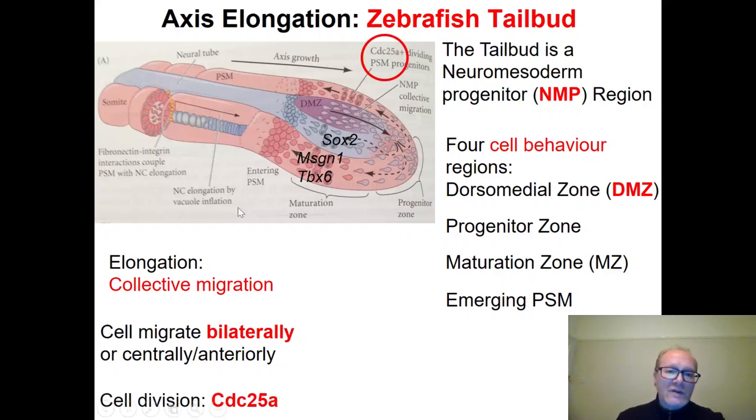Moreover, in the maturation zone, cells undergo at least one cycle of cell division that is controlled by genes like CTC. So expression of these genes controls cell division in the maturation zone.